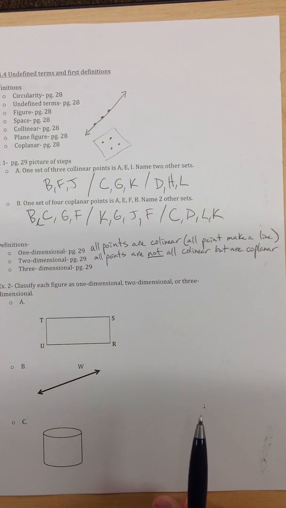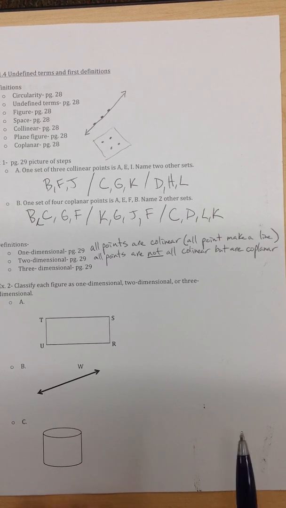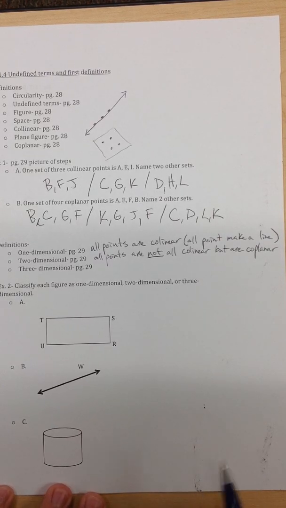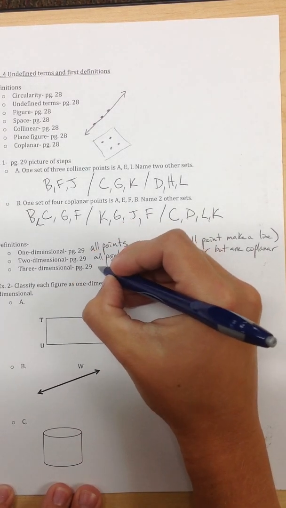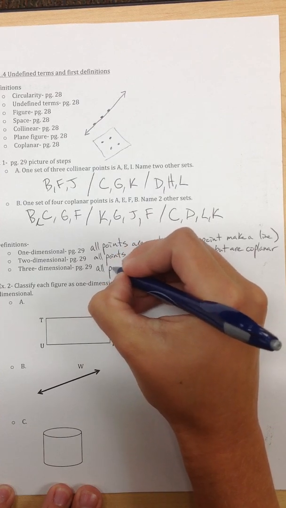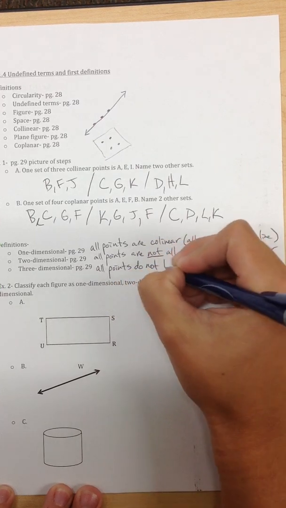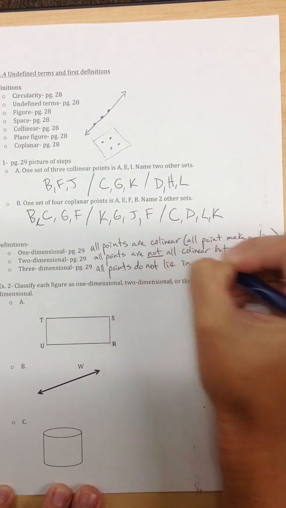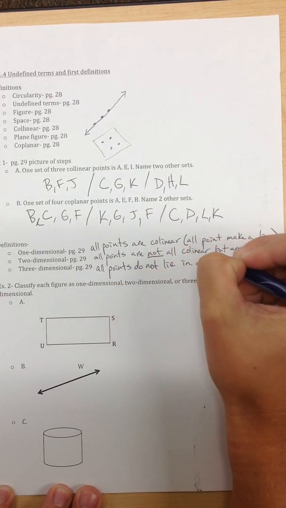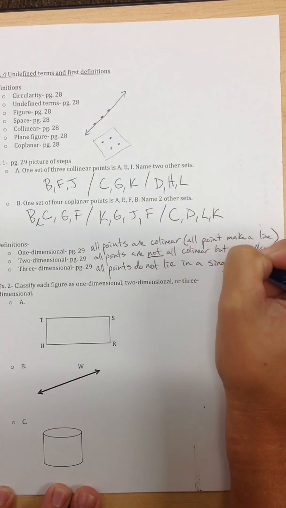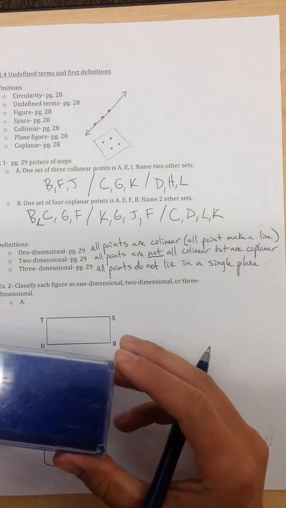Okay, and then three-dimensional is all points do not lie in a single plane. So all points do not lie in a single plane. Okay, so that would be kind of like a box like this.